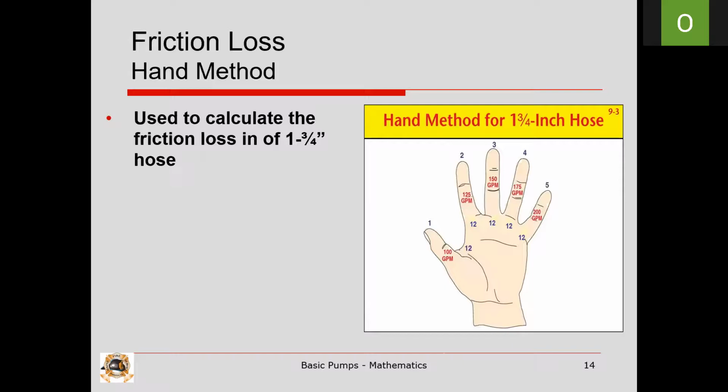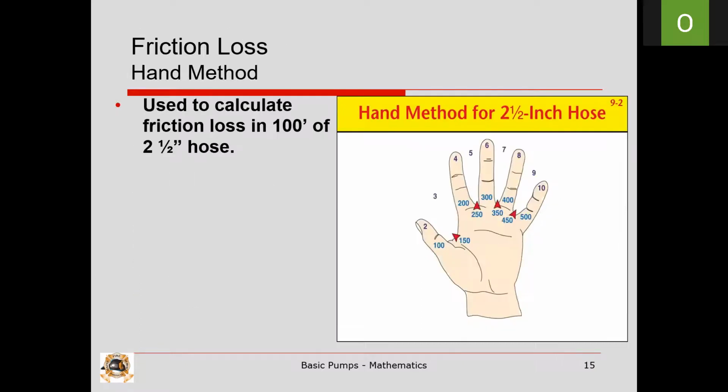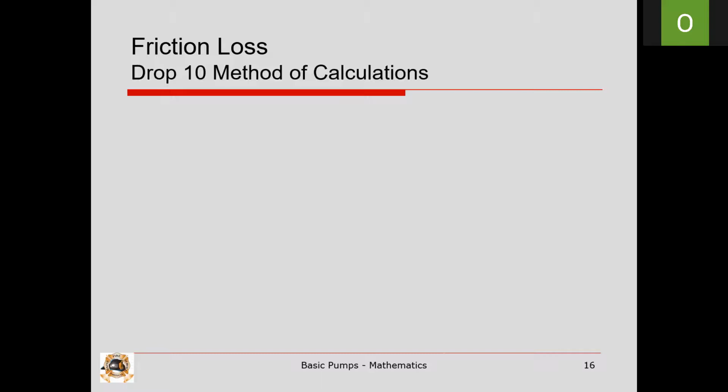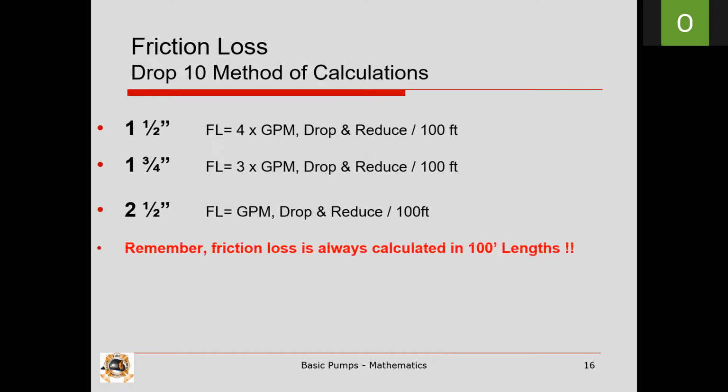You shouldn't have to learn a whole process just to get a number. That's dumb. So we're going to go right past this. The hand method, yeah, you're supposed to be wearing gloves. All right, drop 10 method. This is kind of okay. No, not doing that.